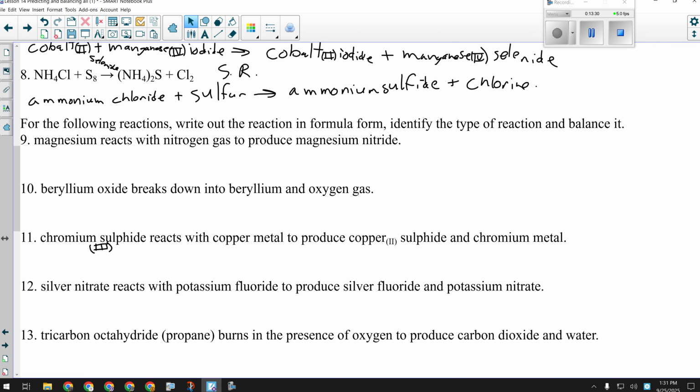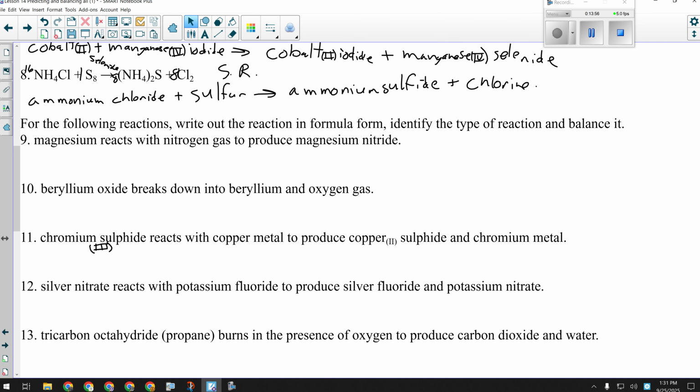If I'm going to balance that, probably start with the 8. It's the biggest number. So I would need to put an 8 in front of the ammonium sulfide. That's going to give me 16 ammonium, so I'm going to have to put a 16 in front of that. That's going to give me 16 chlorines, so I would need an 8 in front of that. So we'd have 16, 1, 8, 8 for our balancing numbers for that.